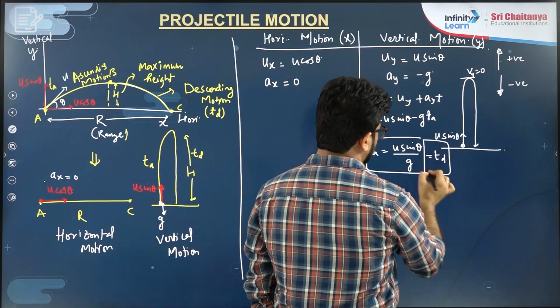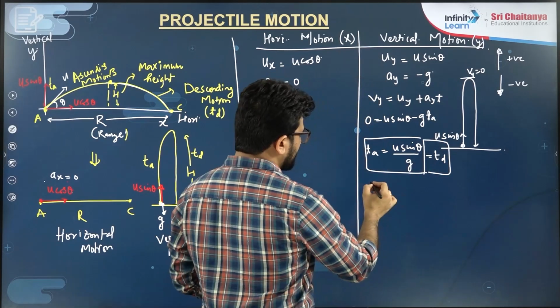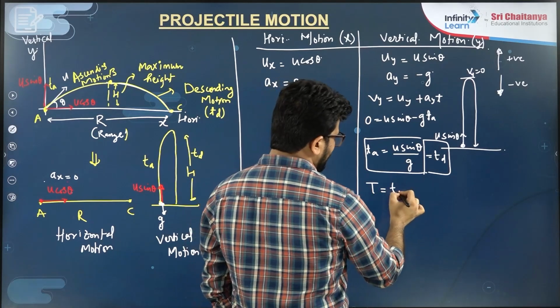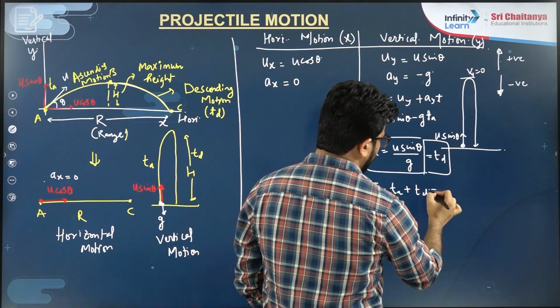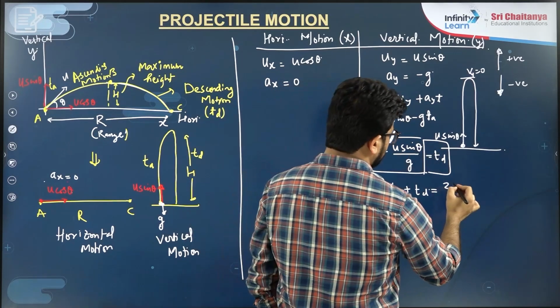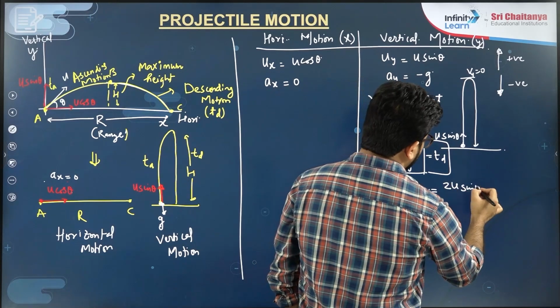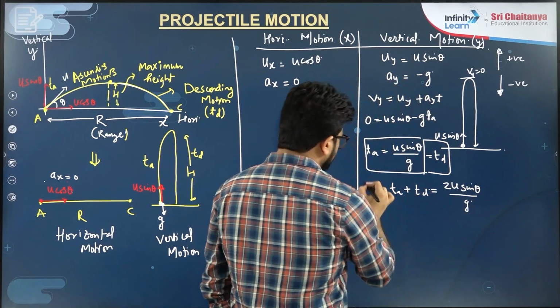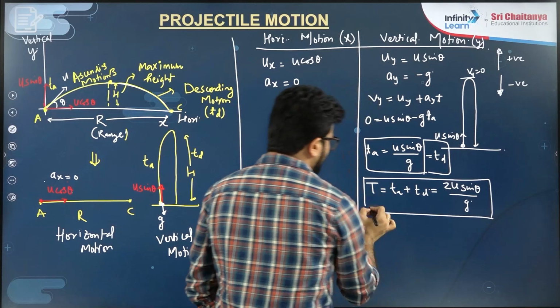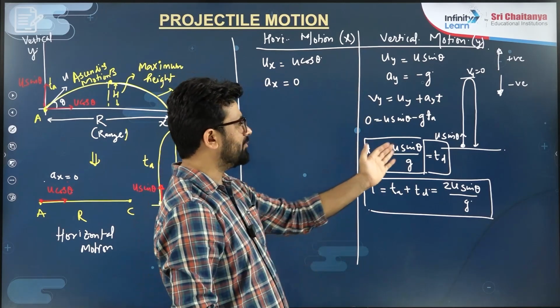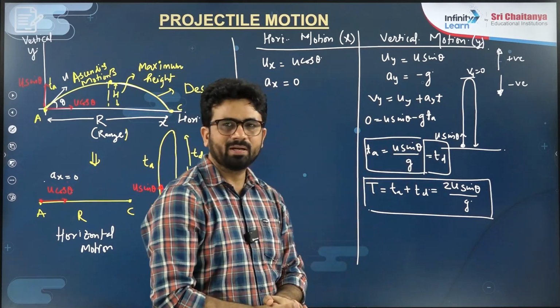If we talk about the time of flight, you will say directly time of ascent plus time of descent. If you add both of them, you will get 2u sin theta divided by g. This is the time of flight. We can calculate time of ascent, time of descent, and time of flight.